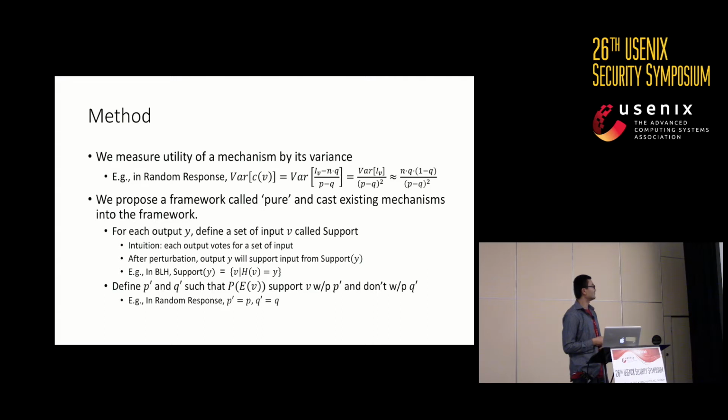Each output will vote for a set of inputs. For example, in BLH, the support of Y is all the values that hash to Y. And define P prime and Q prime to be the values such that after perturbation, the original value will support itself with the probability P prime and not support itself with the probability Q prime. As an example, in random response, P prime equals P and Q prime equals Q.